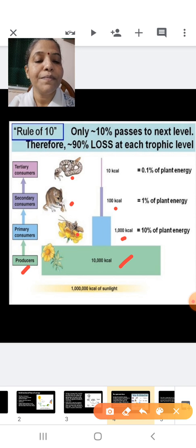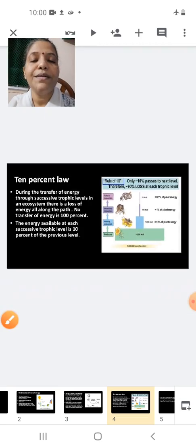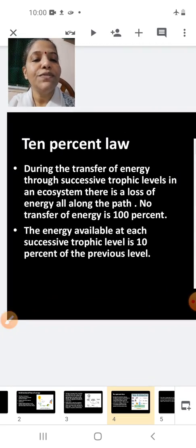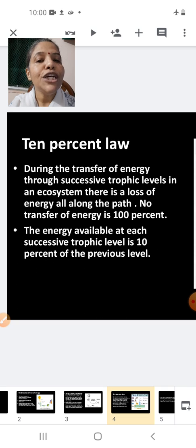Okay, now let's read this part. During the transfer of energy to the successive trophic levels in an ecosystem, there is loss of energy all along the path. No transfer of energy is 100%. The energy available at each trophic level is 10% of the previous level.